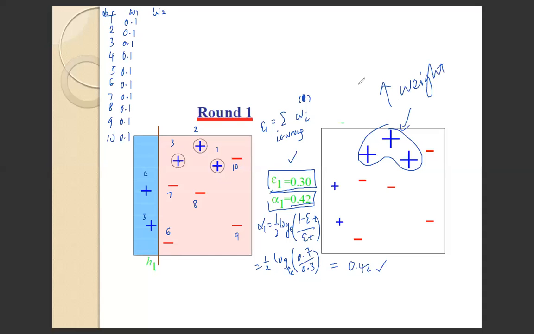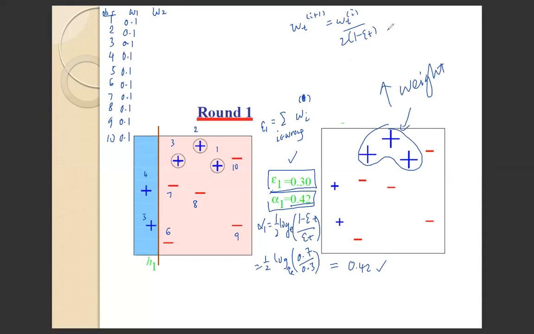Okay. So the weight, let's go back to the weight. The weight w_(t+1) is the previous one over 2 times (1 minus epsilon_t).